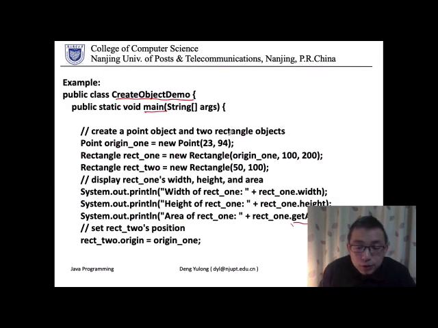After we finish learning how to create objects and how to use objects, we will come back to read this code. I will give more explanation for this code and make sure you understand everything. Okay.